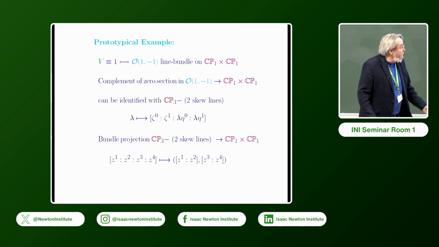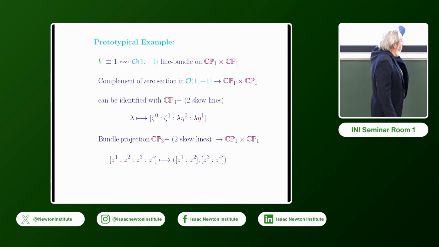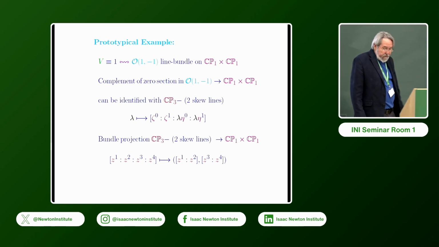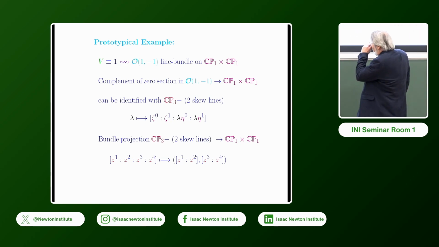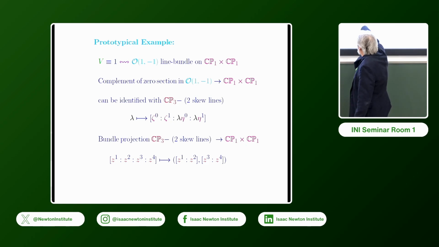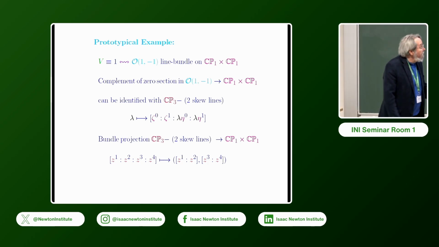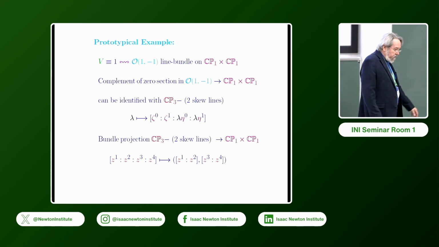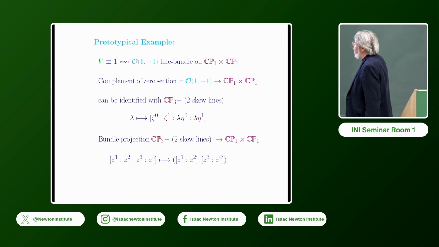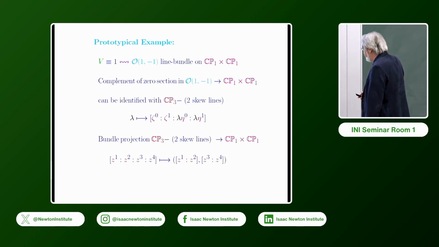And then the projection is just regroup them and think of the first two as a point in CP1, the second pair is a point in CP1. And then if you naively try to group together these coordinates and those coordinates, where they're just homogeneous coordinates on CP1 and CP1, the problem is that homogeneities are independent. But if you have something that's of homogeneity 1 in one factor and minus 1 in the other factor, you multiply the last two gadgets by that number, you get something which rescales as it should to define an element of CP3.